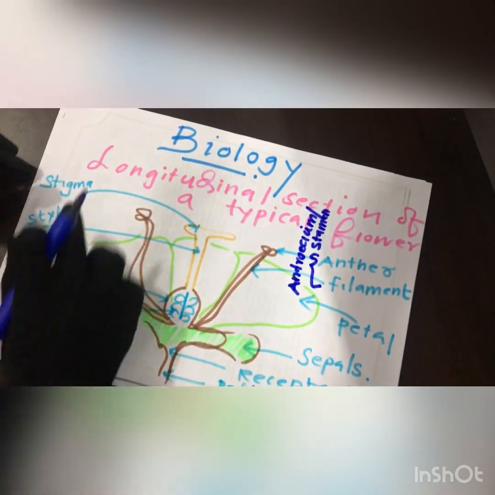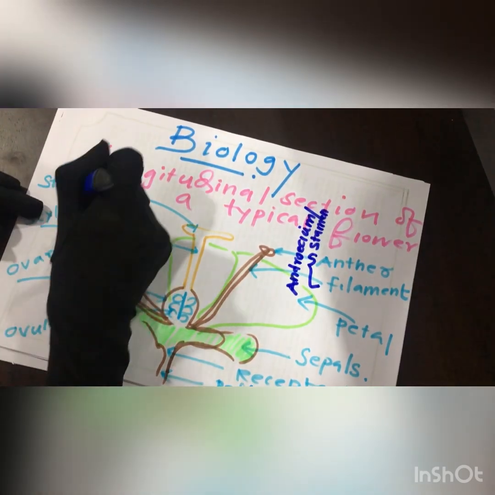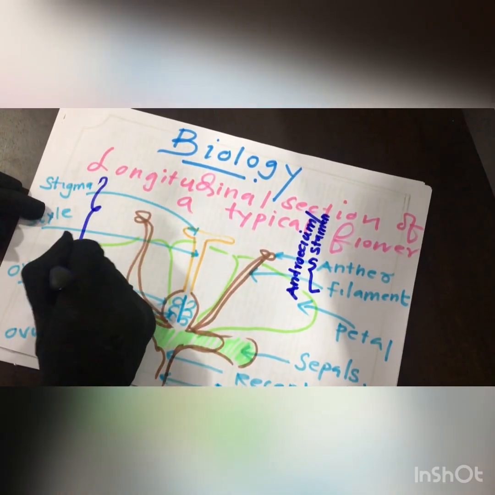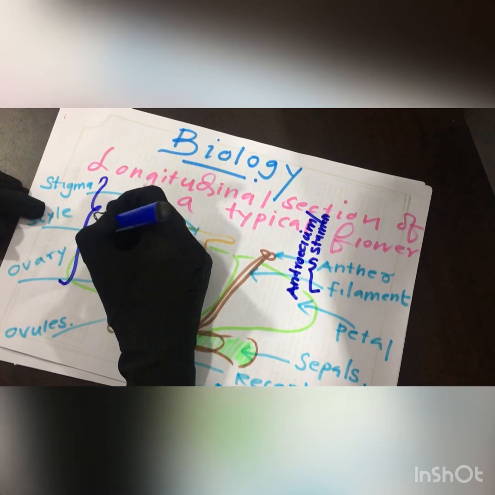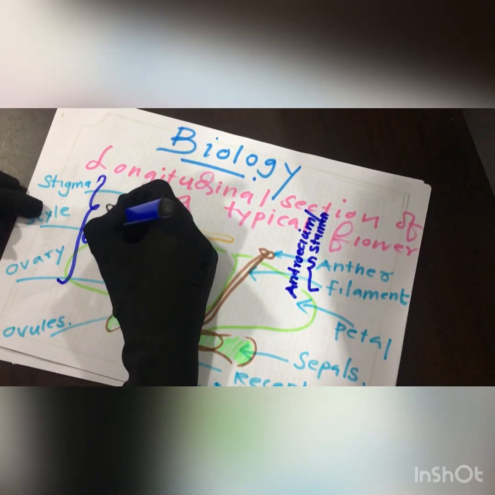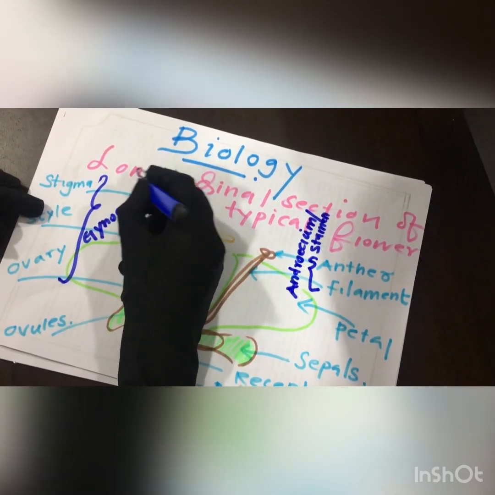And then the stigma, style and the ovary, these three parts come under gynoecium or pistil.